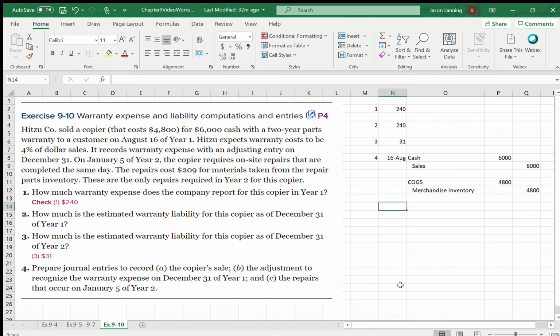Now we're recognizing the warranty expense on December 31st. We calculated that in number 1. That was $240. So what we'd have, we could call it copier warranty expense if we sell different things, that's the $240, and this would be our estimated warranty liability.